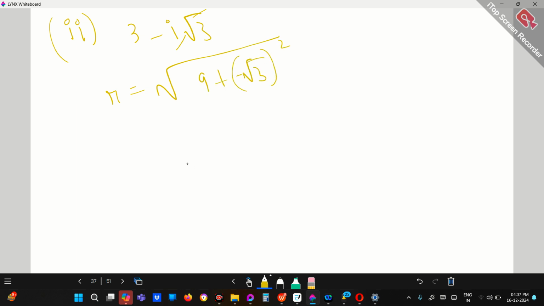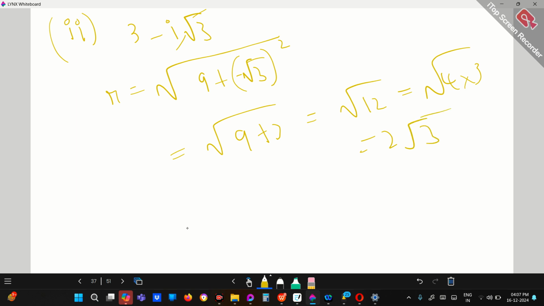Second problem: 3 minus i root 3. r is equal to root of 3 squared plus root 3 squared, which is nothing but 9 plus 3, which is root 12, which is 4 into 3, equal to 2 root 3.